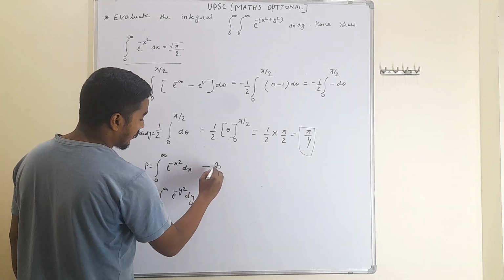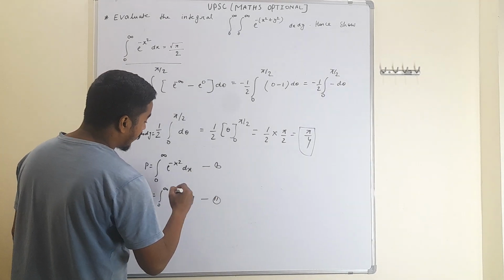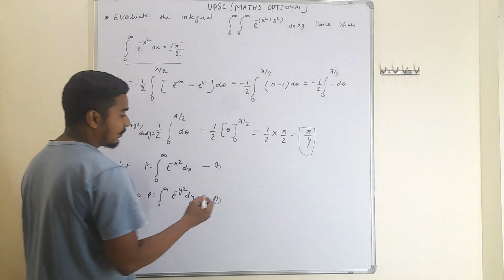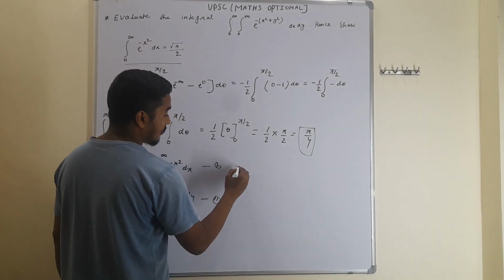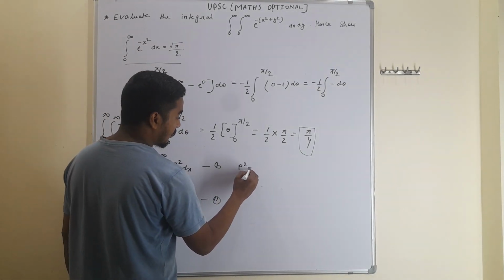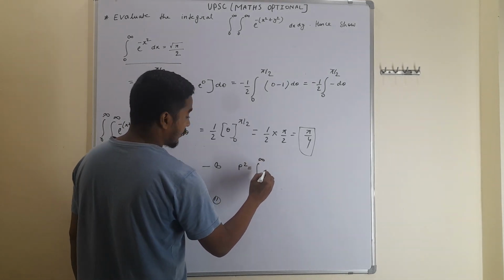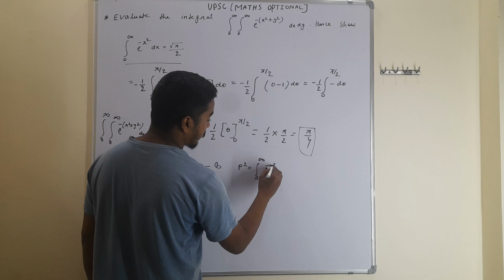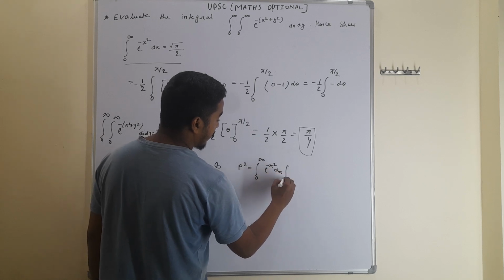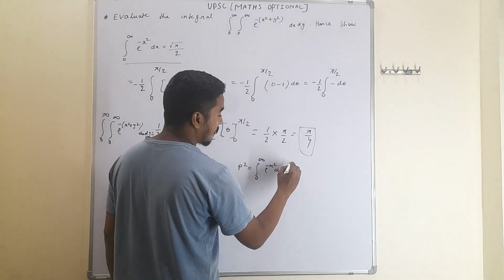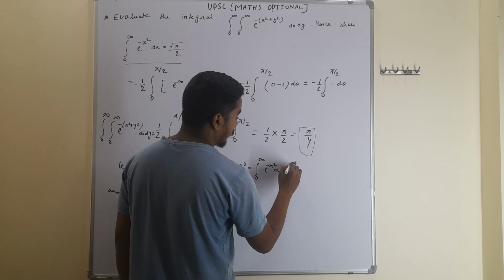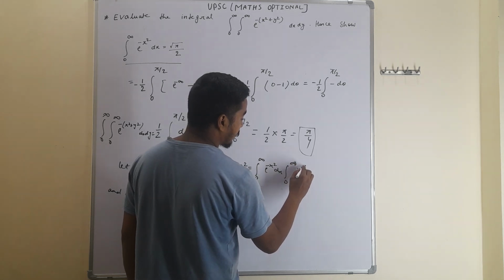This is equation 1 and this is equation 2. On multiplying equations 1 and 2, we get p square is equal to the integral of e to the power minus x square dx into the integral of e to the power minus y square dy.